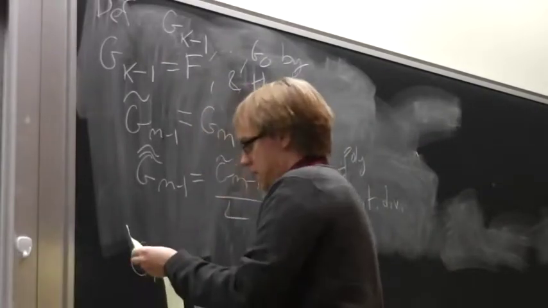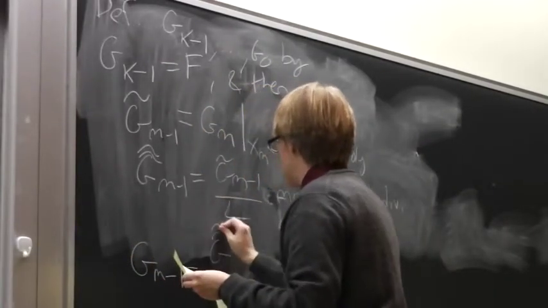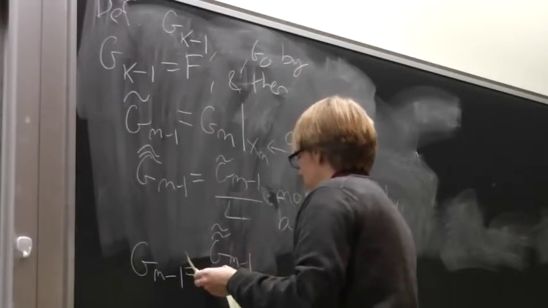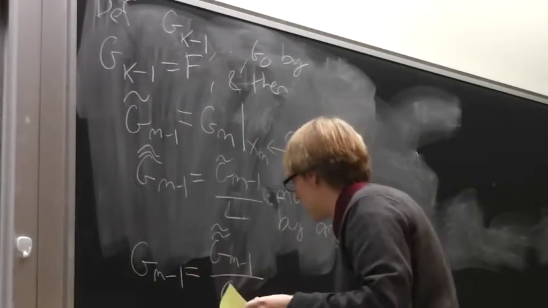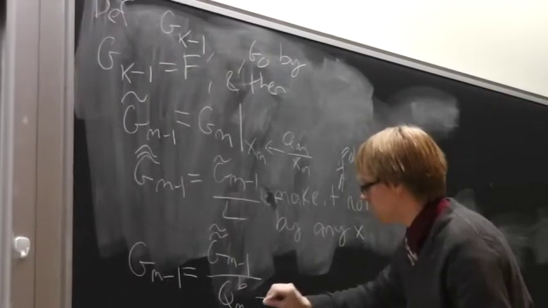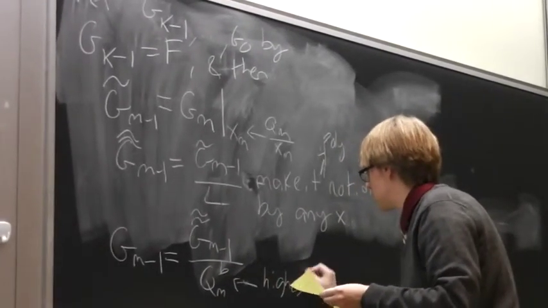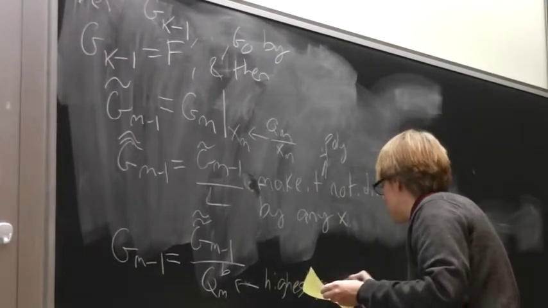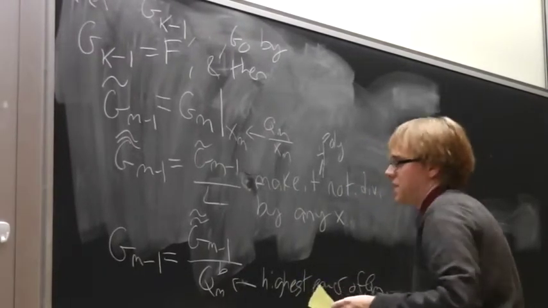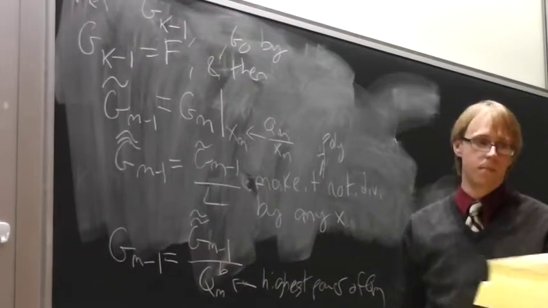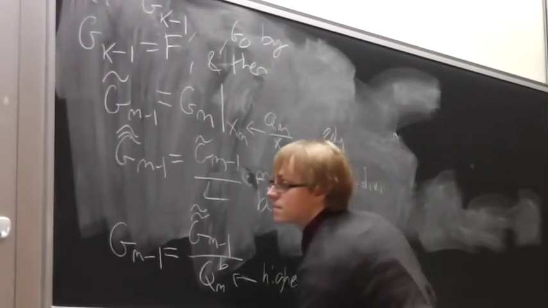And then g sub m minus 1 is g sub m minus 1 double tilde divided by q m to the b, where b is the highest power of q m that divides g sub m minus 1 double tilde.